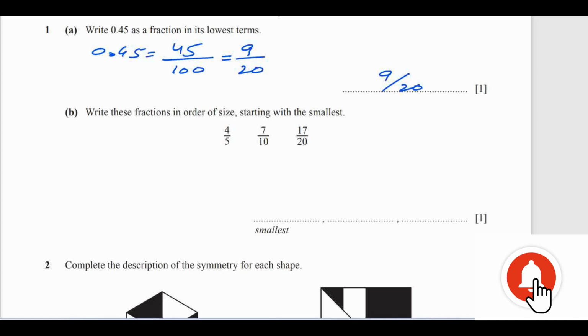Let's see part B. Write these fractions in order of size, starting with the smallest one.